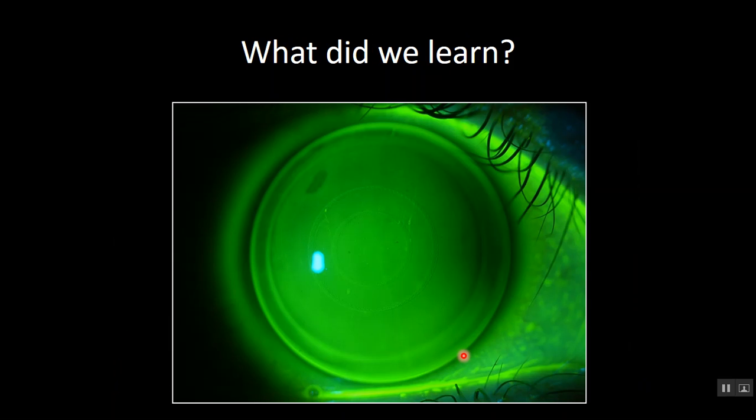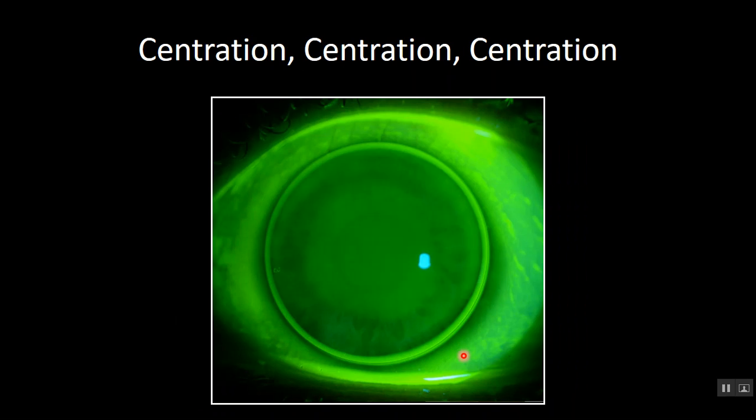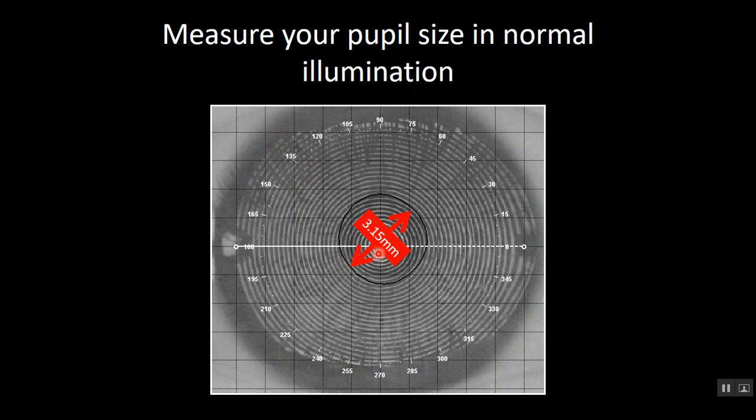So what are some of the things we learned in optimizing these lenses for our presbyopes? Number one, centration is everything. A centered multifocal lens will provide the patient with the best chances of reduced aberration and good visual quality. We need to measure the pupil size.